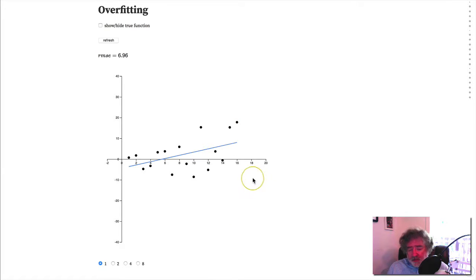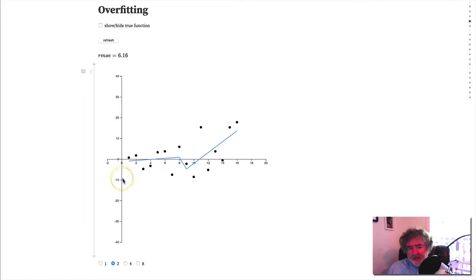But why do I think it's the best? Because it gives me the smallest root mean squared error. It's the line that's closest to this collection of points. But what if I did the following? I'm going to come down here to these radio buttons and click 2, and you can see that I've changed the estimating function.